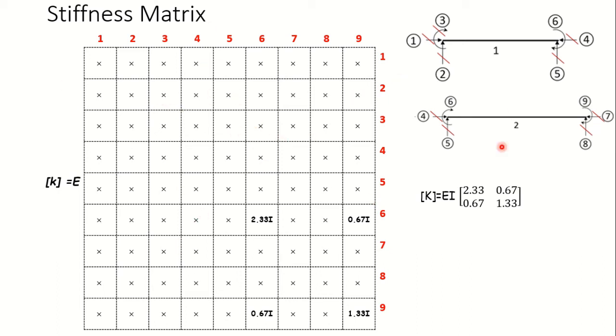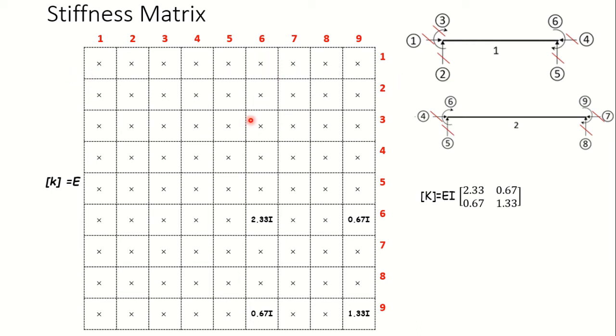Now at joint 2, what we have is coordinates 4, 5, 6. Only rotation in the sixth coordinate is allowed. So I'll retain only the row and column corresponding to this rotation, that is sixth row sixth column will be retained. Other than that, the rest will be deleted. So these we have already deleted. First row has been deleted, so this value is gone.